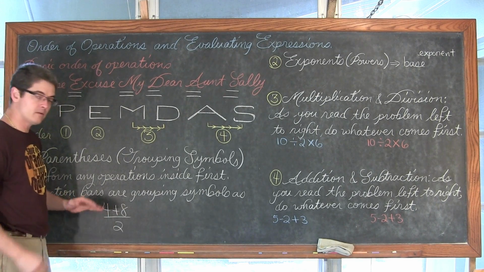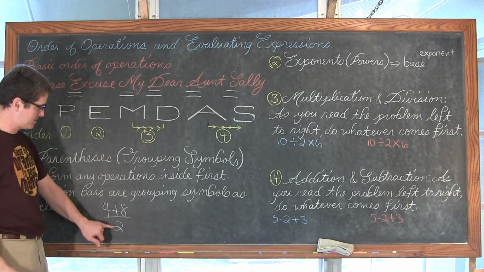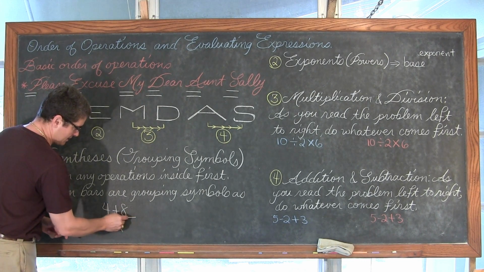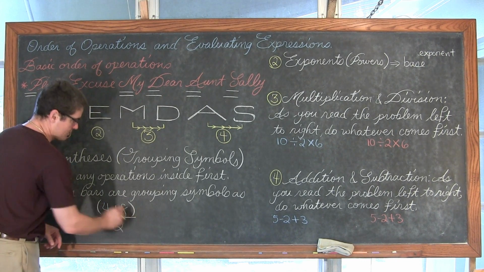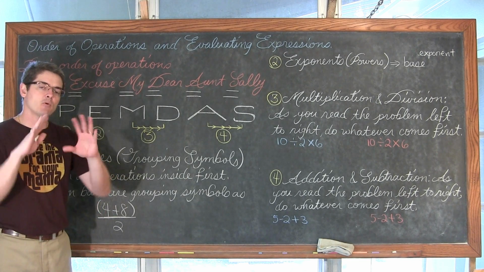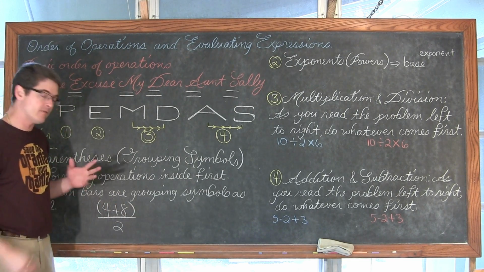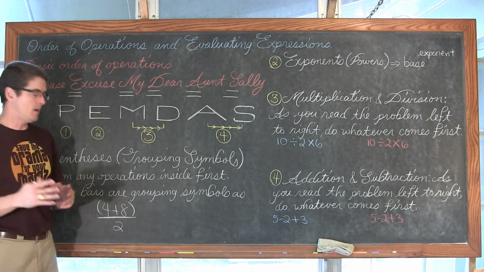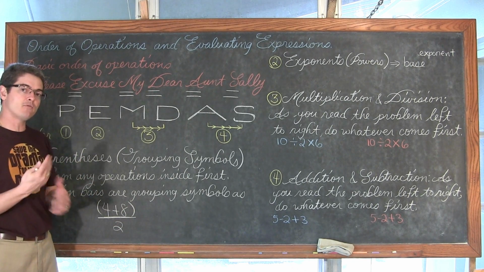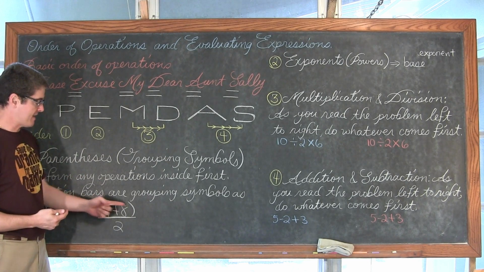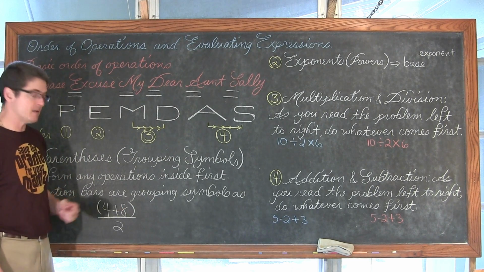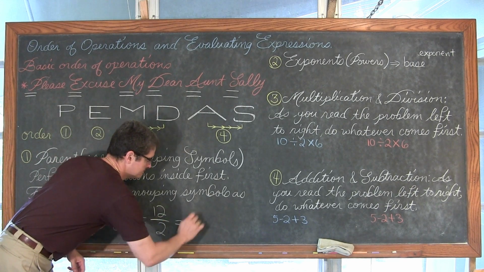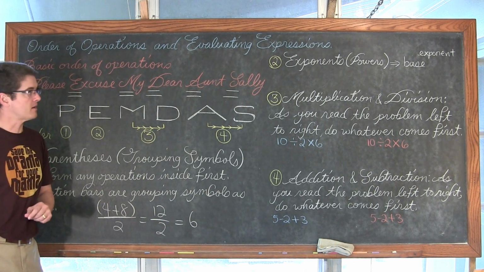The numerator, the part above the fraction bar, has 2 terms in it, and the fraction bar acts as a grouping symbol, so you need to act as if there's a parentheses around the 4 plus 8, even though we don't have to write it because the fraction bar is underneath the entire 2 terms of 4 plus 8. Well, so that means we have to add the 2 numbers on top first, so 4 plus 8 is equal to 12. That divided by 2 is equal to 6, and that's our final answer.